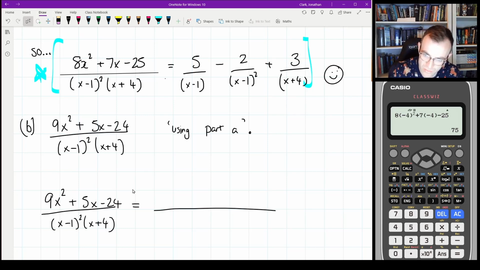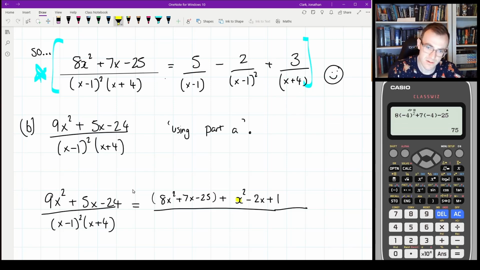So let's write down what we had in part A, which was this. So that was what we had in part A. But we've got an extra x squared. We've got 2 less x values. And we had minus 24 instead of minus 25. So that's an extra 1.